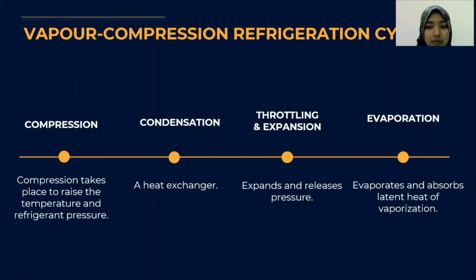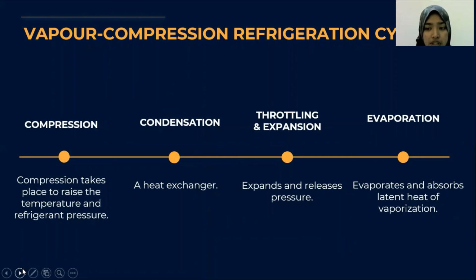Thirdly, it goes through throttling and expansion. When the refrigerant enters the throttling valve, it expands and releases pressure. Consequently, the temperature drops at this stage. Because of this change, the refrigerant leaves the throttle valve as a liquid-vapor mixture.